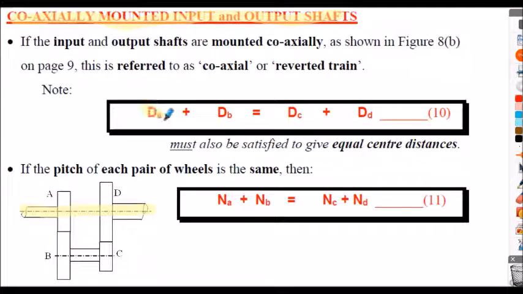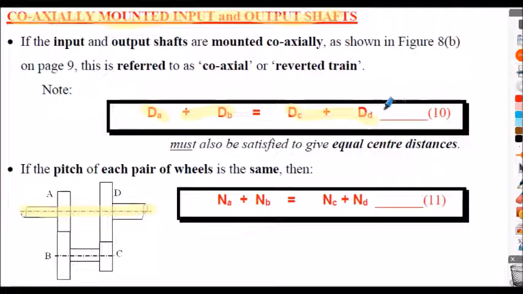In other words, dA added to dB, think of that as RA added to RB if you want to, is equal to dC added to dD. Although I'm talking diameters, it equates to the radius. The radius of gear A added to the radius of gear B must be the same as the radius of gear C added to the radius of gear D if it's coaxially mounted. I just put that in terms of diameters because we normally use diameters.